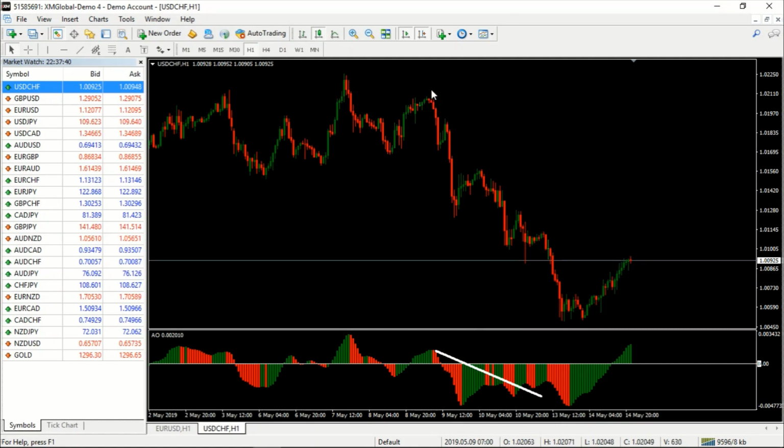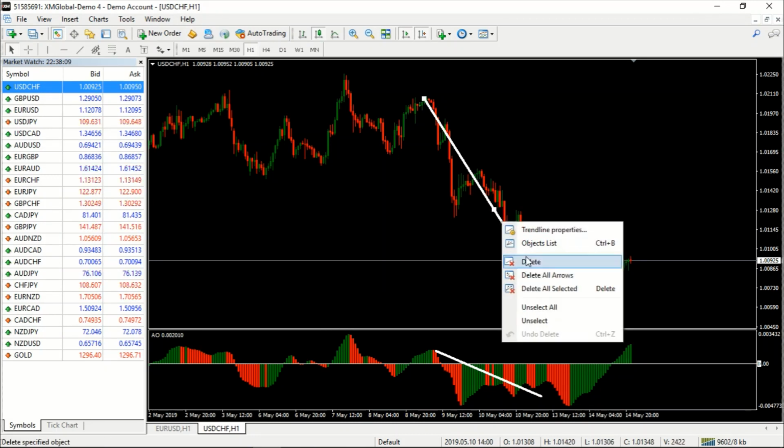This is the highest point on the candlestick chart where the awesome oscillator was above the zero. So we're going to be drawing our Fibonacci from this point down to this lowest point over here, right? We're going to be choosing the lowest wick that we can find, and the highest wick or candlestick that we can find in this area over here.